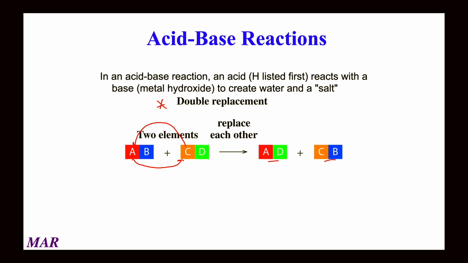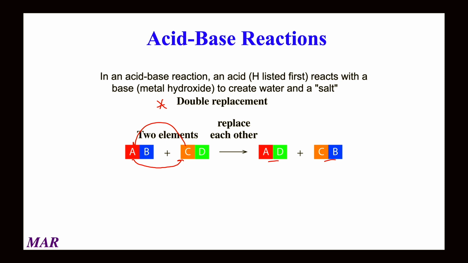And they're going to trade places, the H and the Na, because they're both positive. And on the other side, you'd have NaCl, all right, the leftovers from there. And the other species would be HOH, or water. So an acid-base reaction is actually a type of double replacement reaction. Sometimes double replacements are called double displacements.